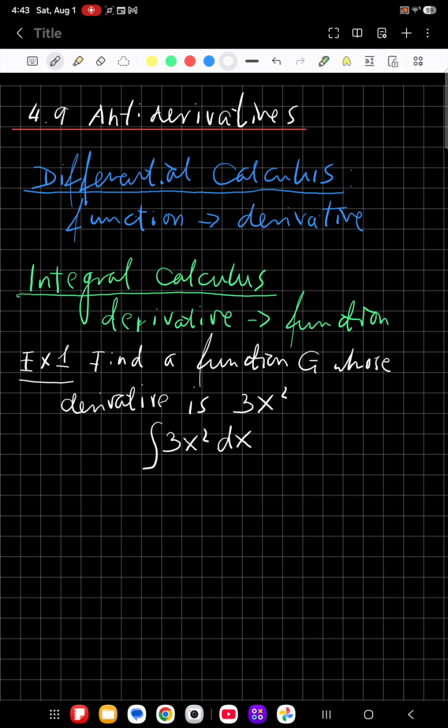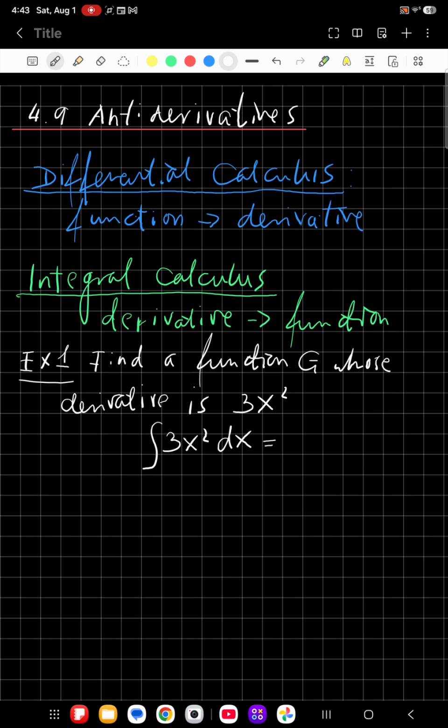That dx in a sense just tells us what variable we're supposed to be solving this for. So this will be an integral with respect to x. For now, that's what that dx means. So that will be the problem, and we'll have to find the solution of this integral.